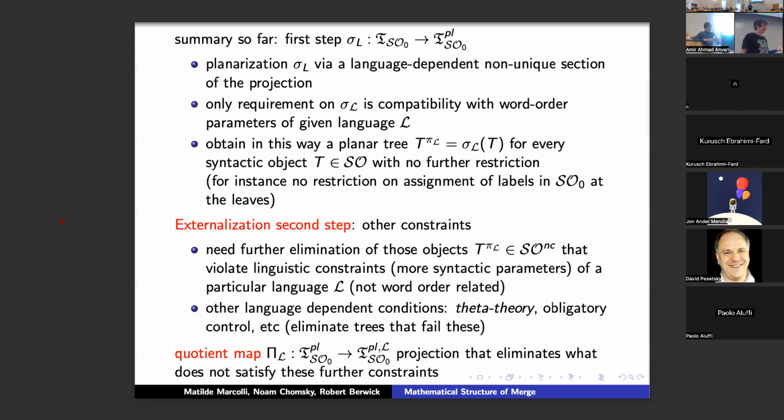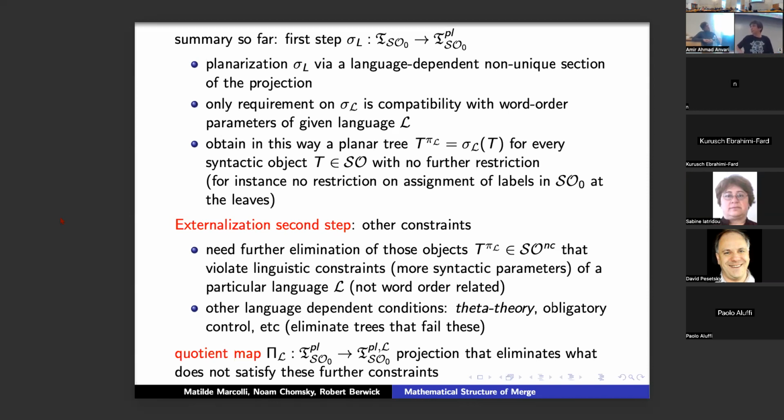There are other syntactic parameters, which don't necessarily have to do with word order, that I need to check whether my structures agree with or not. There are other things like theta relations that I need to check whether they are satisfied or not. So a lot of my syntactic objects, a priori, contain any kind of assignment of leaves to lexical items.